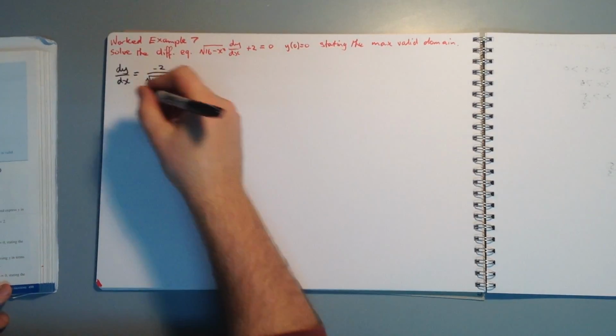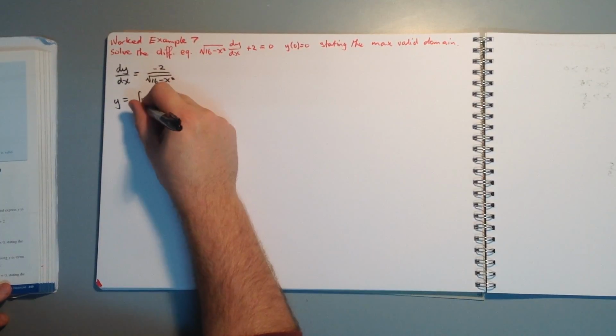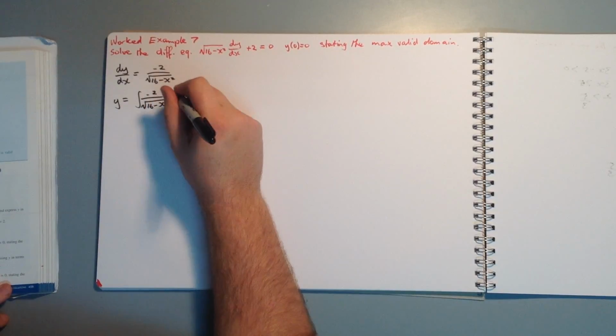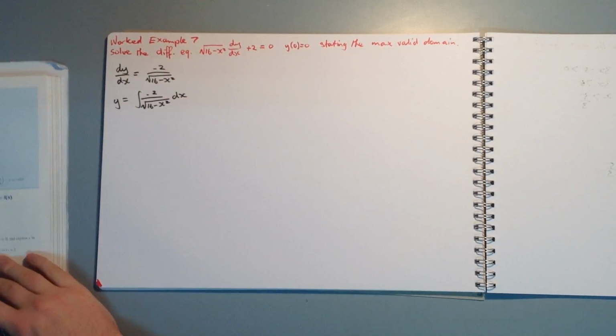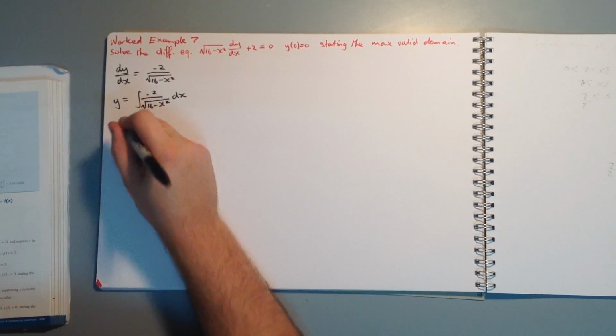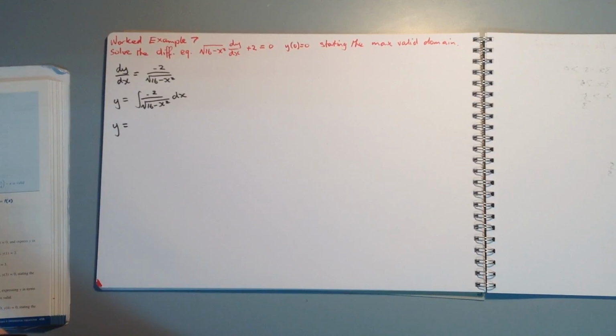Okay, that means that y is going to be the integral of minus 2 over the square root of 16 minus x squared dx. And just simply by integrating that, we should hopefully be starting to get pretty familiar with this, this is actually going to be a cos one.